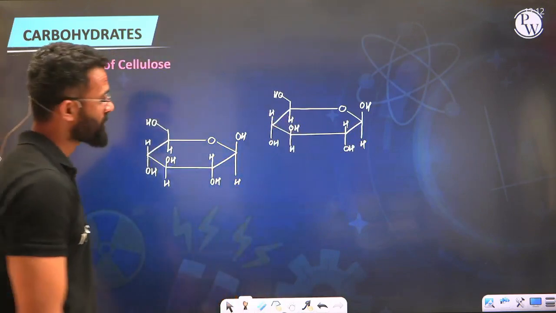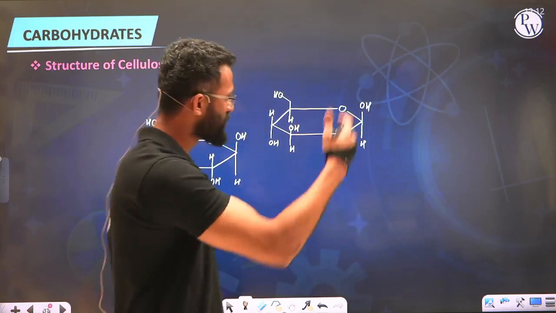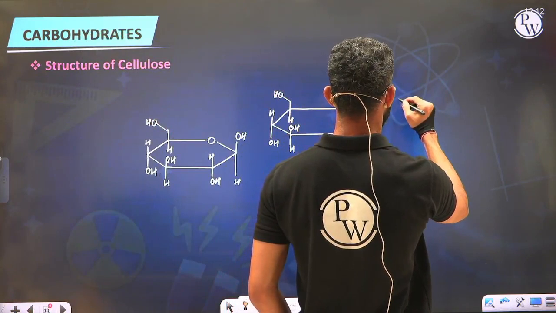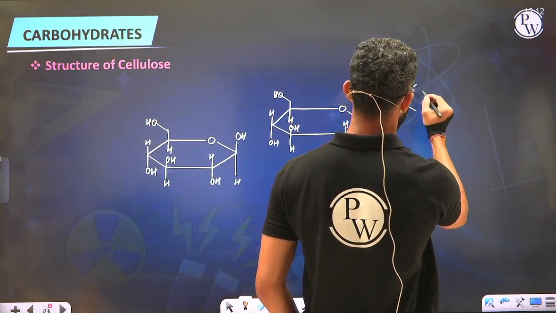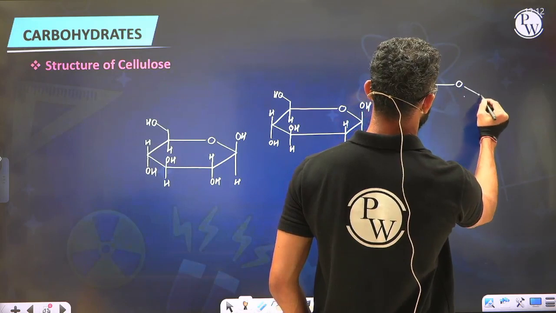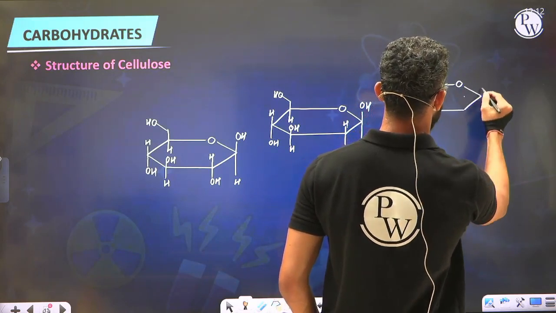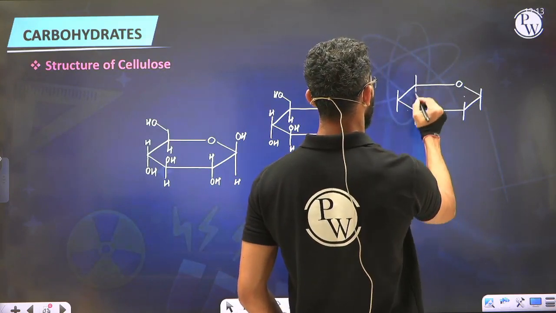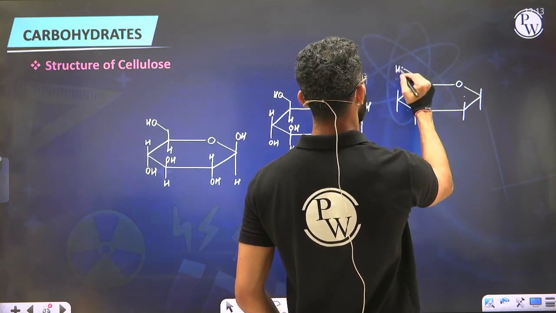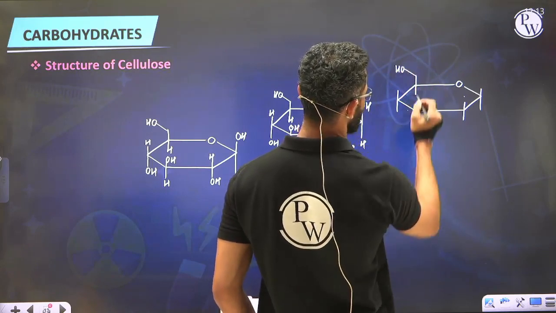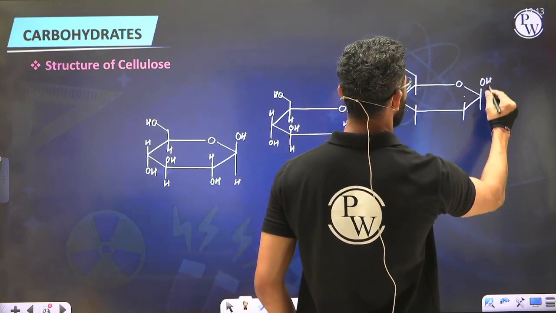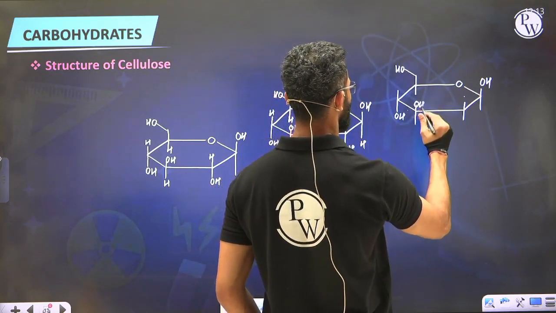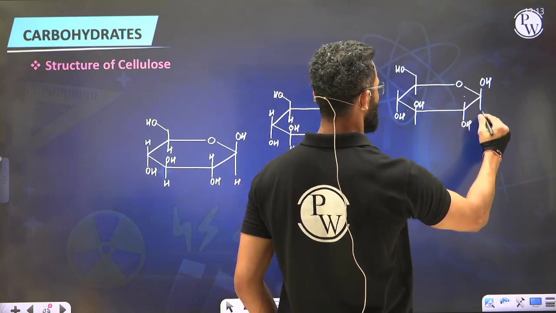And of course, since we'll have many, we need to write one more, so I'm putting one more down here. 1, 2, 3, 4, 5, and 6. So this is beta, meaning OH pointing upward. So right, right, left, and right. Remaining valence is H's.